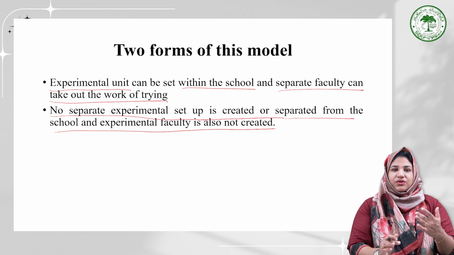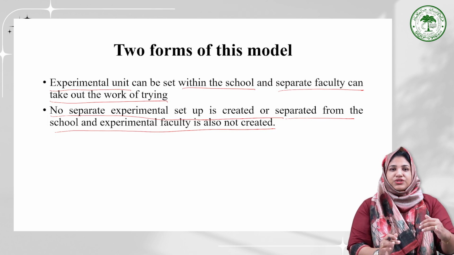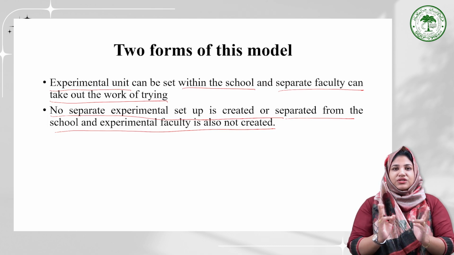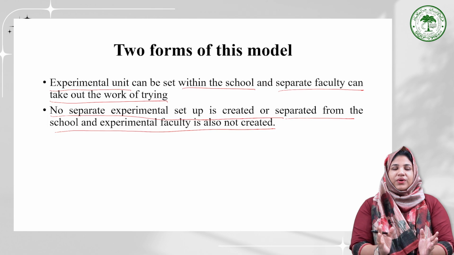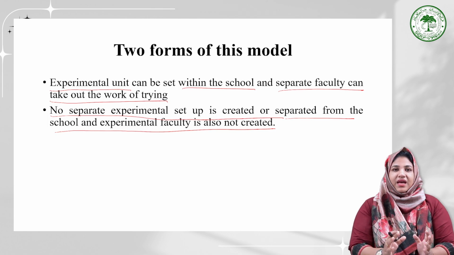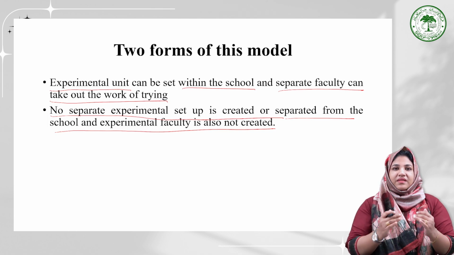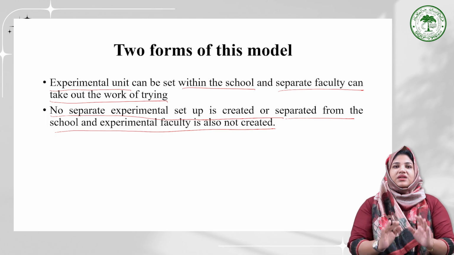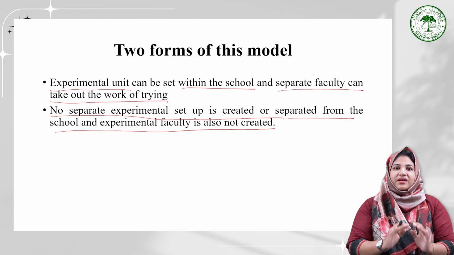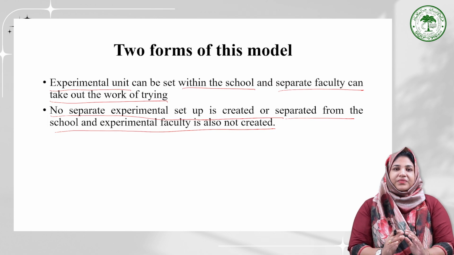All the teachers and all the students are in this model, and we are conducting the experiment. That is what is known as the two forms. One is in a controlled condition, where we set up the experimental group and teachers. The other is general, that means in almost all the schools of that area, all the teachers of that area get involved in the implementation of the demonstration model. So these are the two forms of this model.